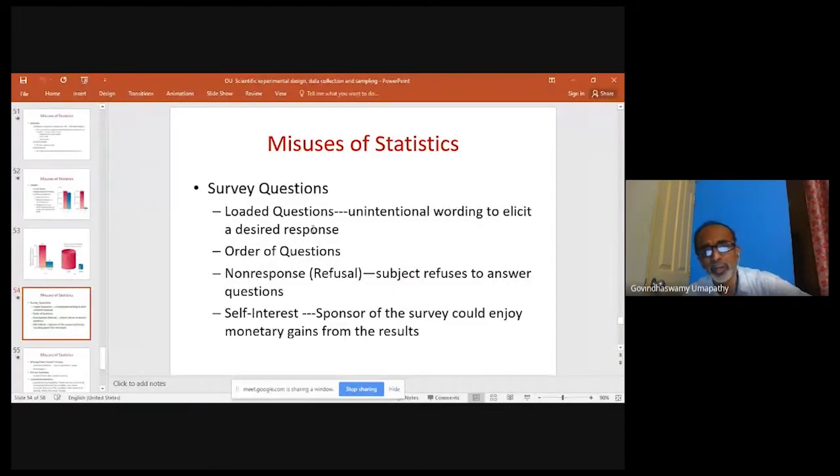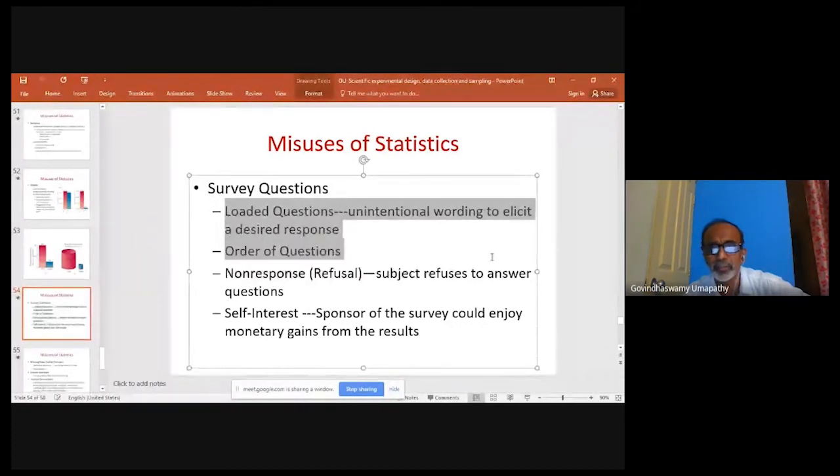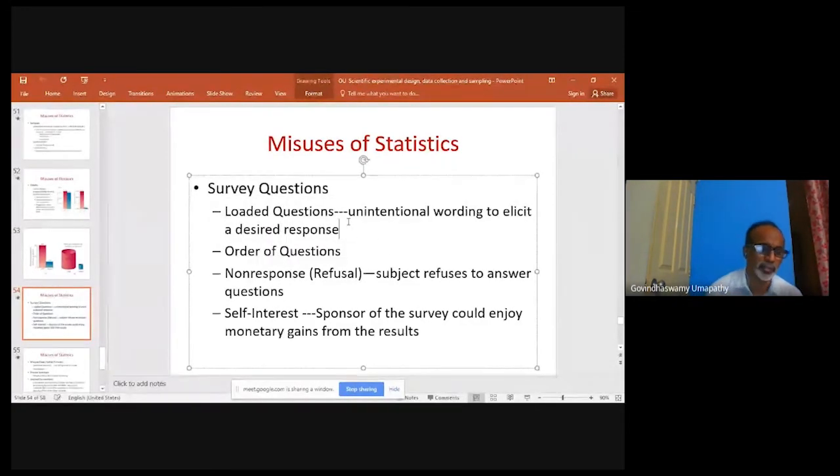Also, people use, while taking a survey, a lot of questions with unintentional wording to elicit a desired response. So purposely they don't ask a person directly what they think about a particular person's popularity, whether he is doing really good for society or not.